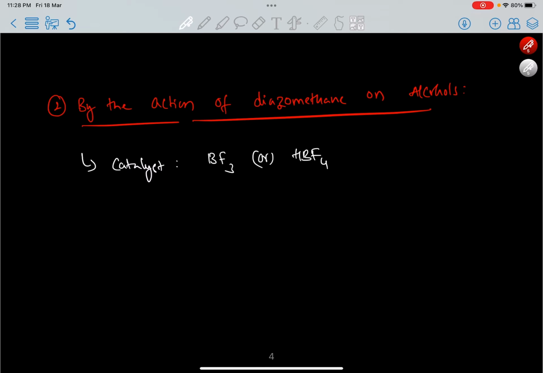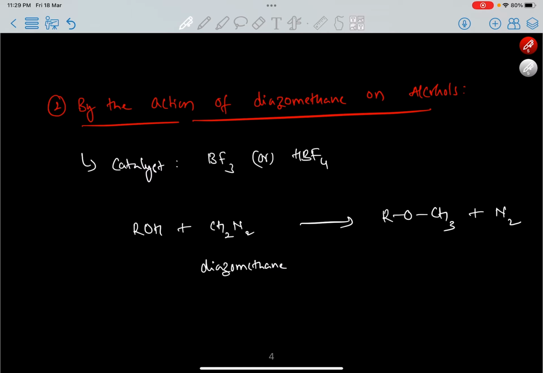The general reaction: when alcohol combines with diazomethane, whose formula is CH2N2, we get ether, along with nitrogen. So from alcohols we can again synthesize ether using diazomethane, as well as by dehydration.